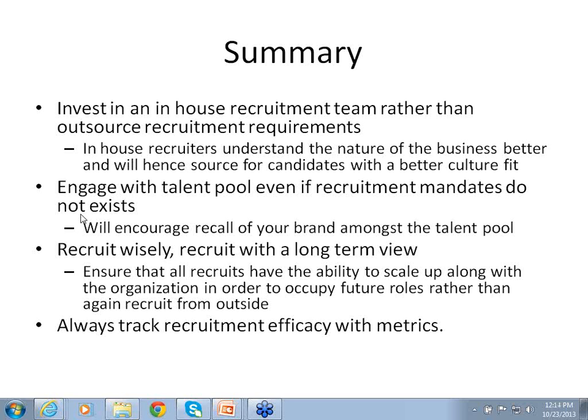It is giving them a picture which is not the true picture. It's like painting a very rosy picture of the company when it is not as rosy as it seems, and talking a lot more about the job description when the actual job profile is not what it seems to be.